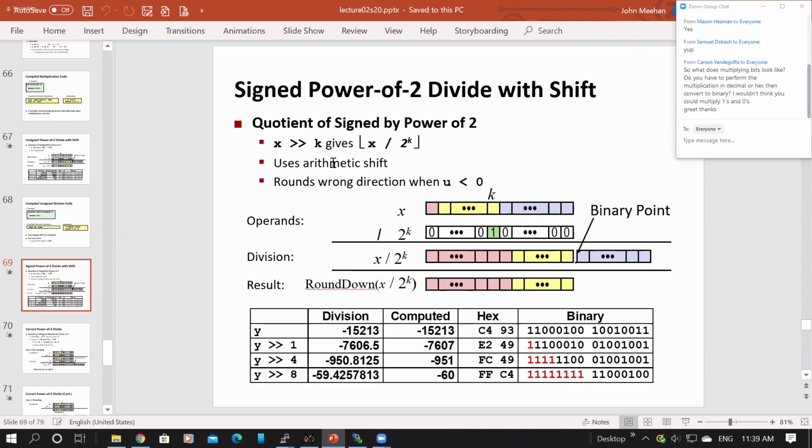Well, it's the same kind of thing going on here. If we start out with a negative number as a 1 in the leftmost position and we shift it right one position, we have to pump in a 1, not a 0, from the left till we get the correct value, right?